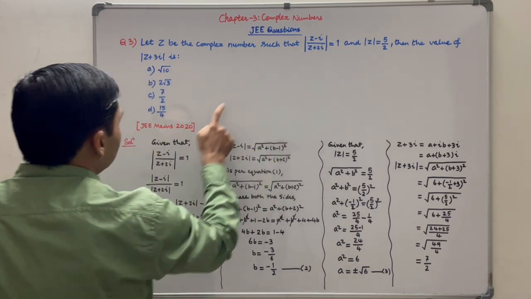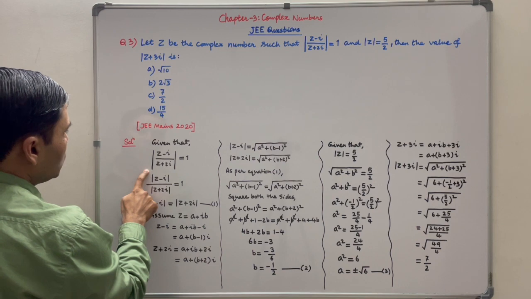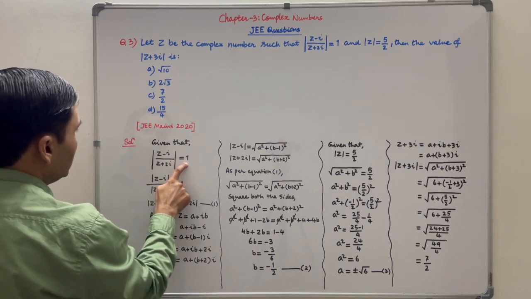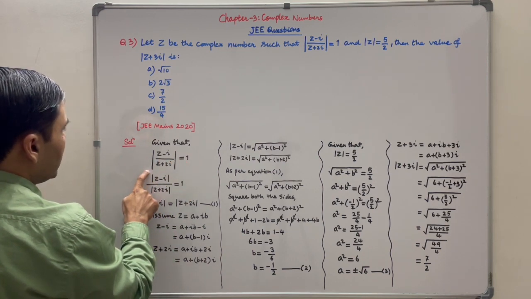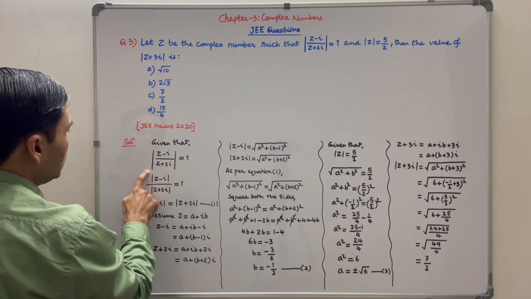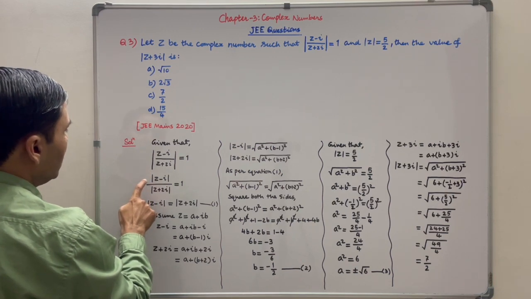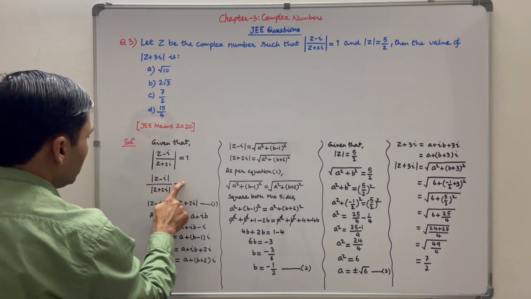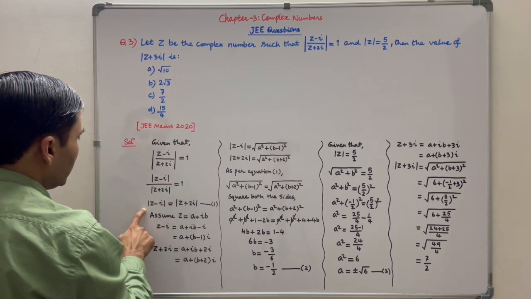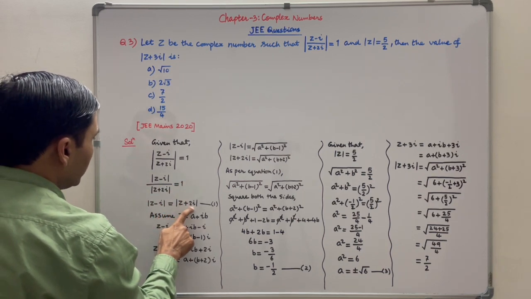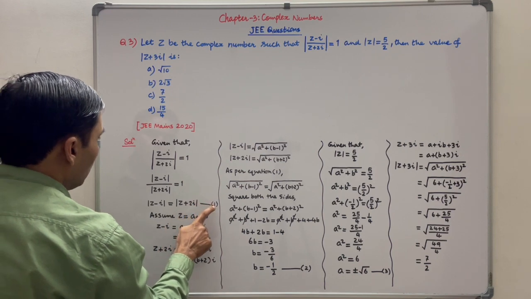It is given that mod of z minus i upon z plus 2i is equal to 1. Using the mod property, we can write mod z1 by z2 is equal to mod z1 upon mod z2. Cross multiply to get mod z minus i is equal to mod z plus 2i. Suppose this is equation number 1.